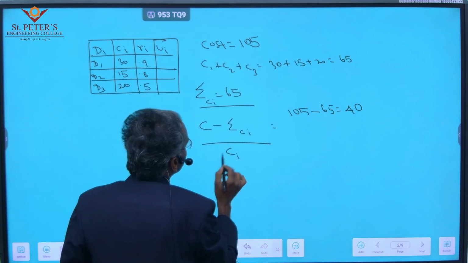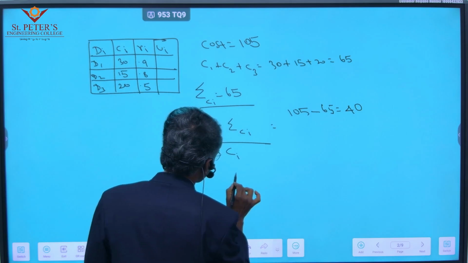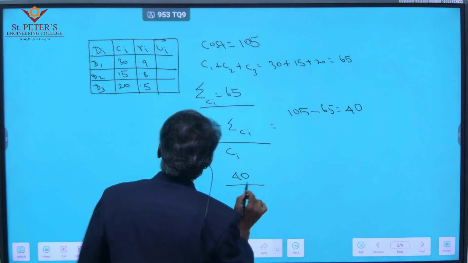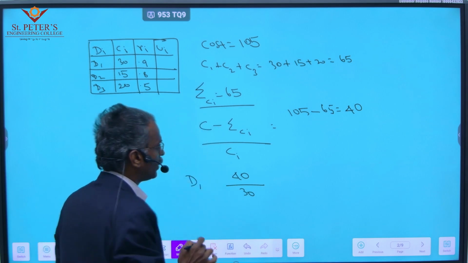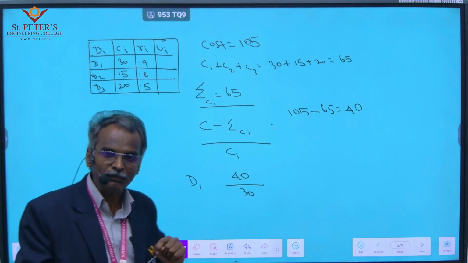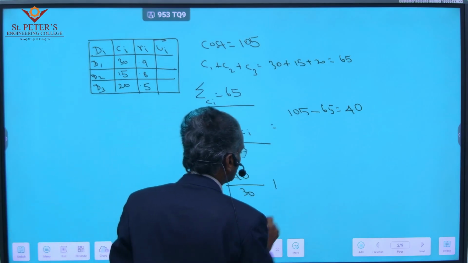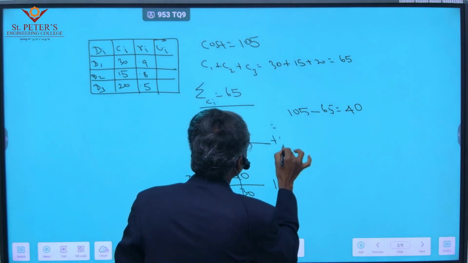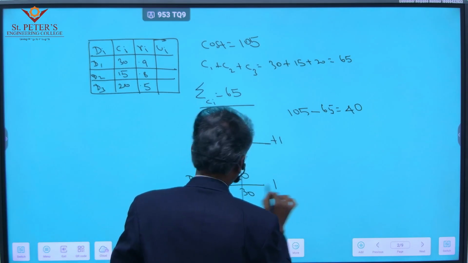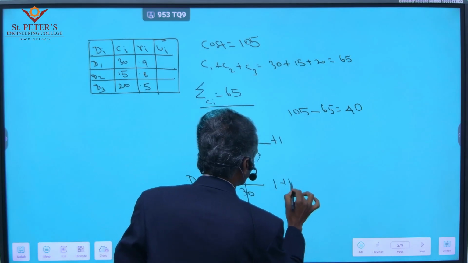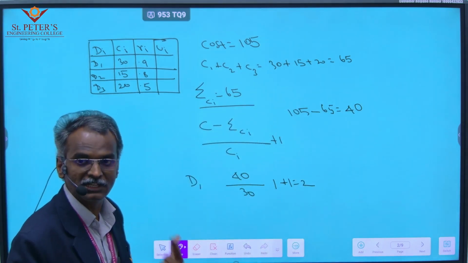So that is 105 minus 65, that is 40, divided by 30 for device 1. With the 40, how many copies of device 1 can you add? Only one. So plus 1, this is the formula. 1 plus 1, so 2 copies of first device we can have.